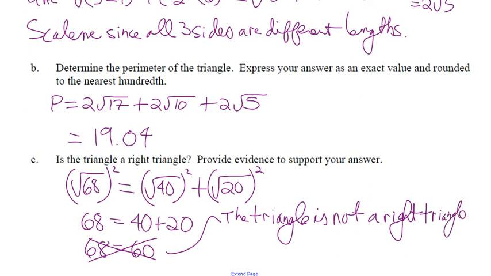So numbers that make a right triangle are called a Pythagorean triple, right? Like 3, 4, 5. 3 squared plus 4 squared equals 5 squared. Or 5, 12, 13. 5 squared plus 12 squared is 13 squared. So those are Pythagorean triples. This is not a Pythagorean triple. So it is not a right triangle.